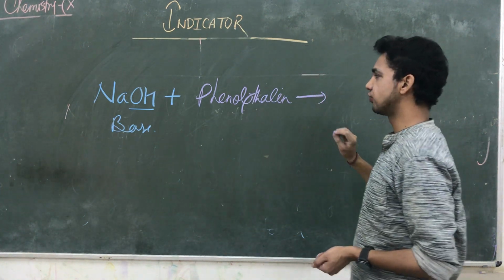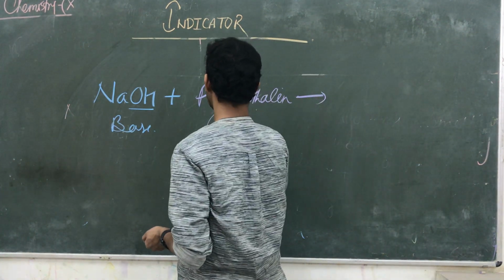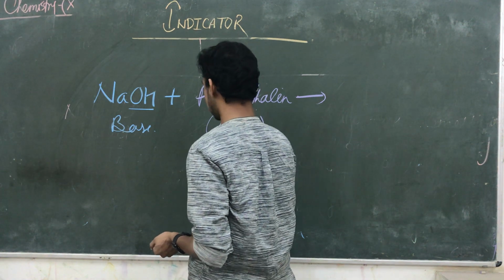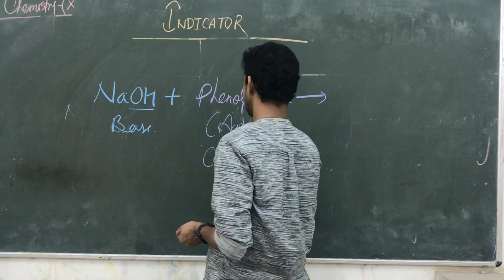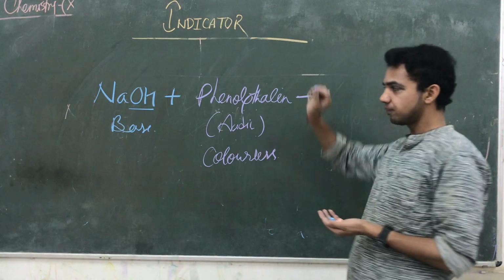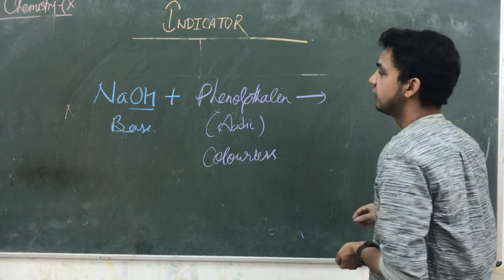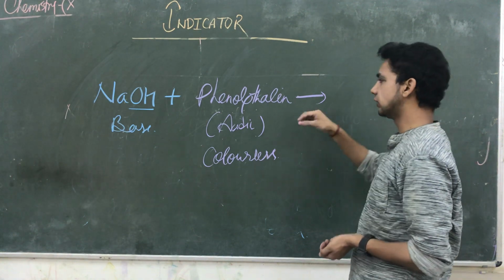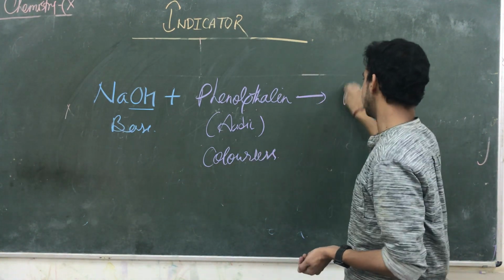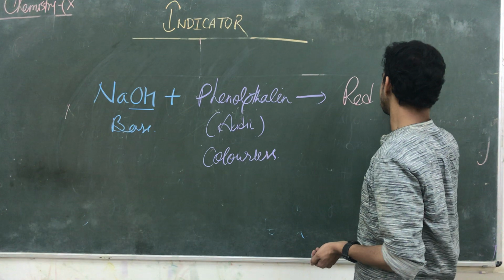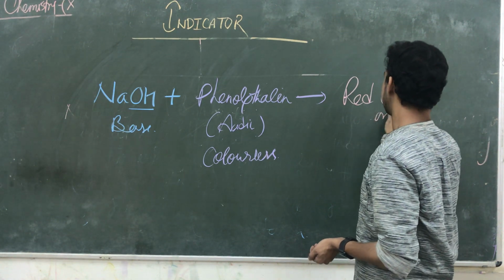The nature of phenolphthalein is acidic and its color is colorless. When you add a few drops of phenolphthalein to NaOH, the colorless solution immediately changes into red color, or we say pink color.